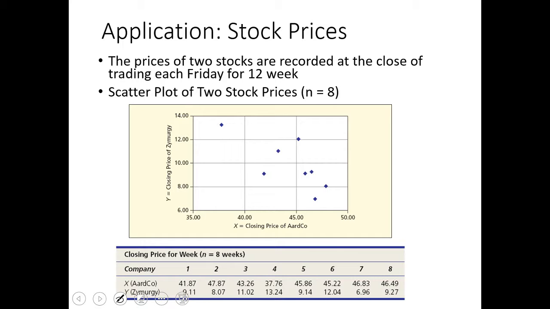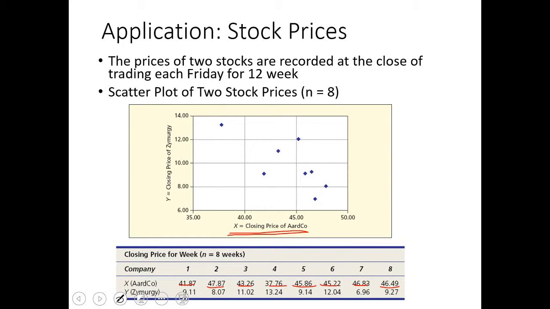Suppose that we have two stocks. The first stock, stock X, has closing prices 41.87, 47.87, 33.26, 37.76, 45, 45, 46, 46, something like that.